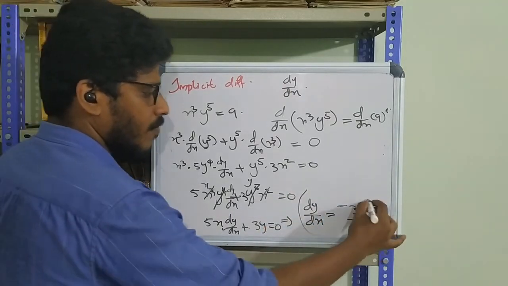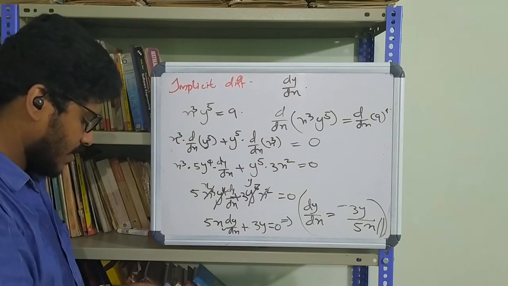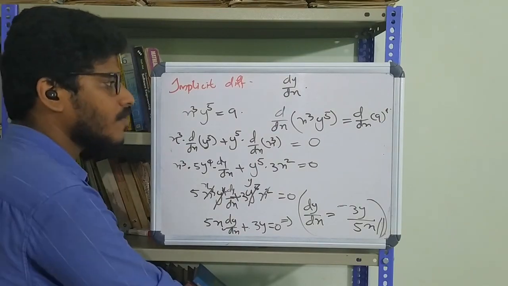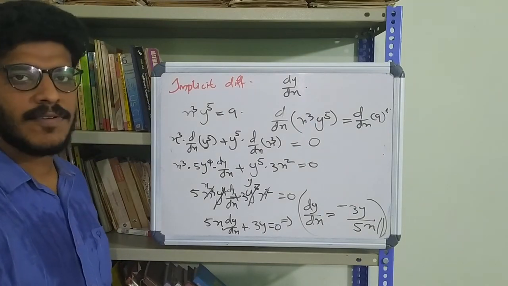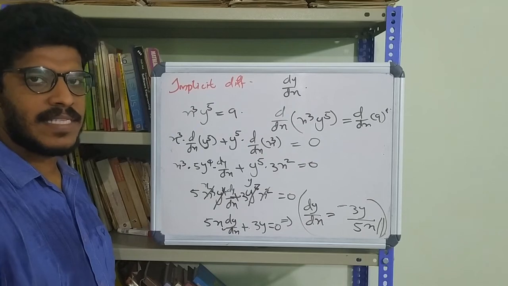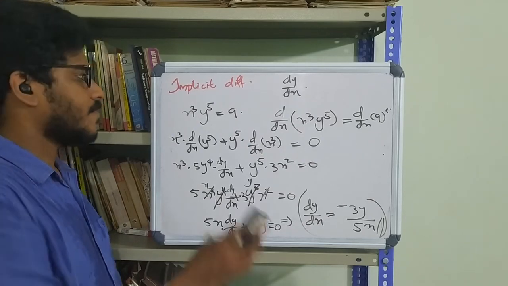So the derivative of y with respect to x is minus 3y by 5x. This is how we make use of implicit differentiation to find the derivative of y where x and y are not explicitly given, or given as an implicit function.